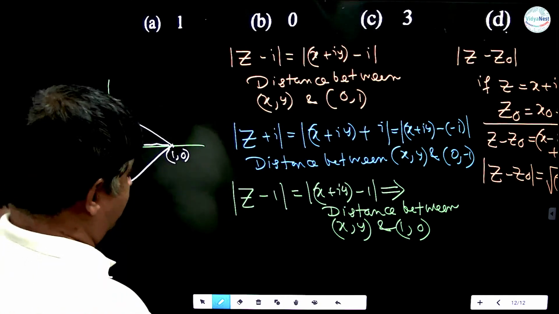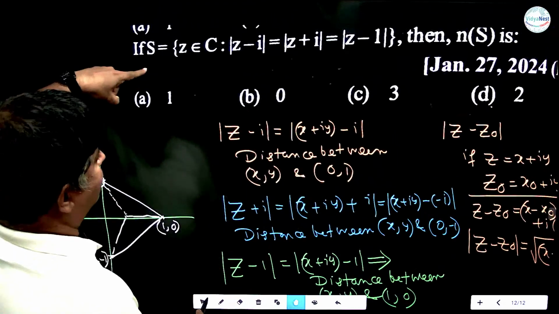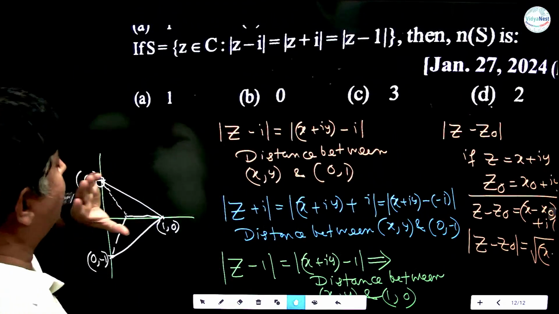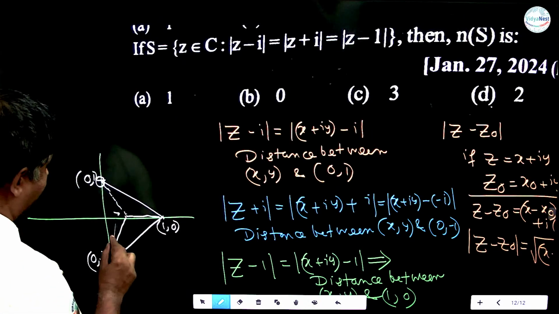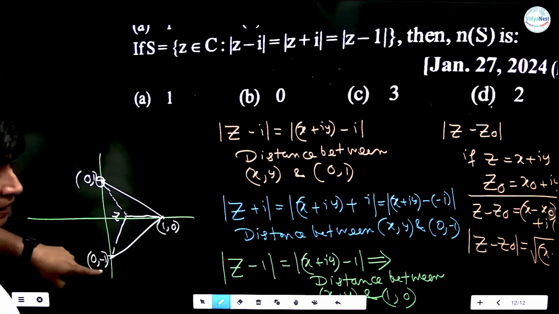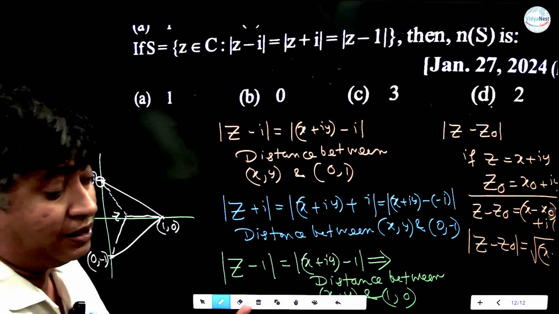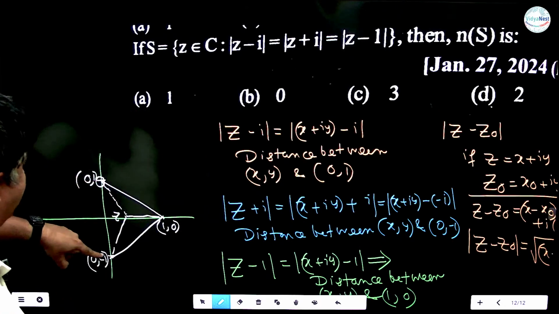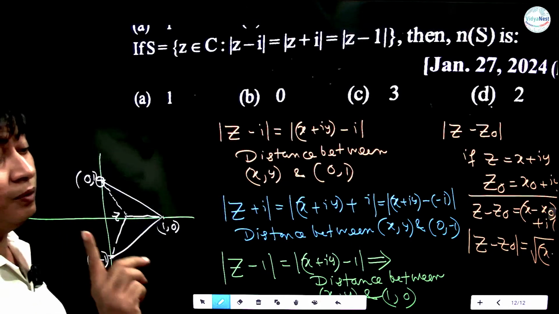So what is S? S is a point. Which point? That's Z. Now inside this triangle, how many such points exist which have equal distance from the 3 vertices? Only 1 point.